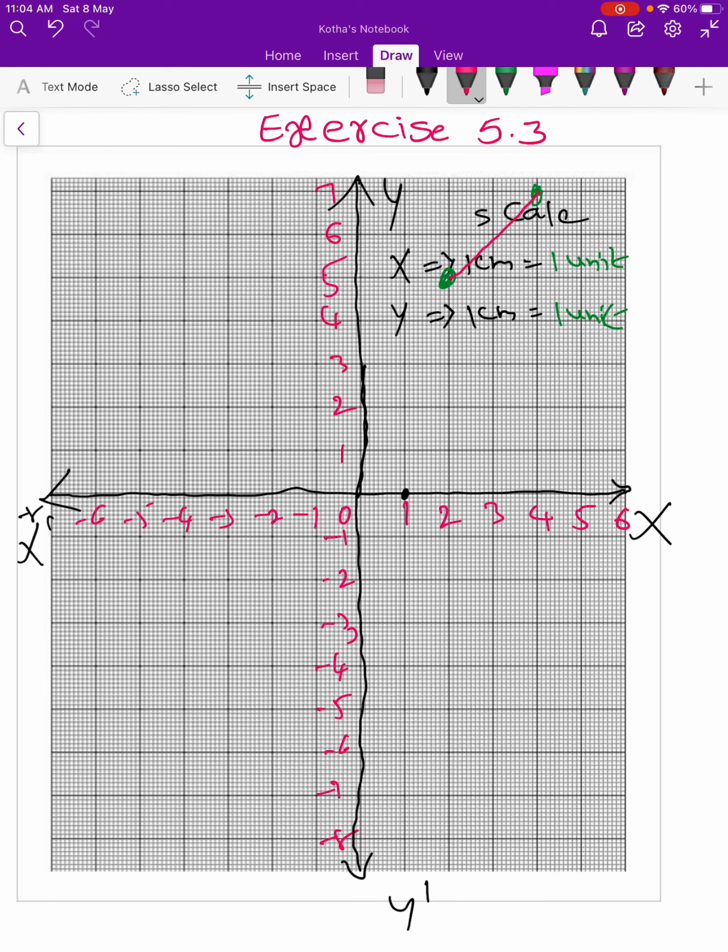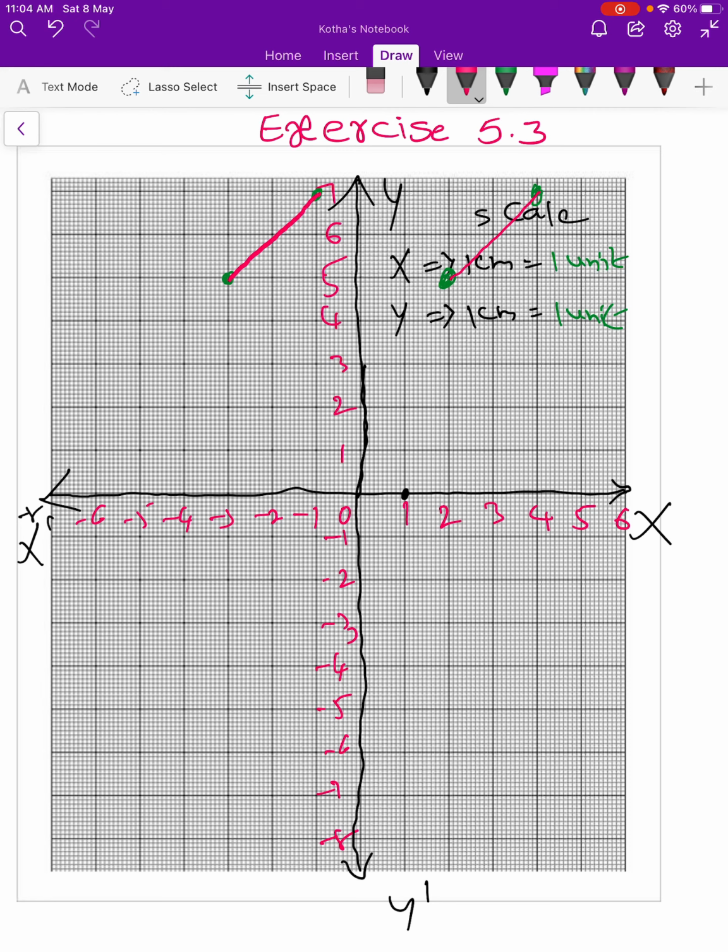We should not extend it again. Okay, next one more question we have. -3, 5, this point. And -1, 7. This is -1, this is 7. Let us join these 2 points also. These 2 are points, so don't extend it further.